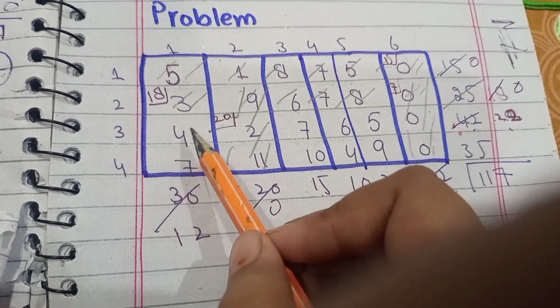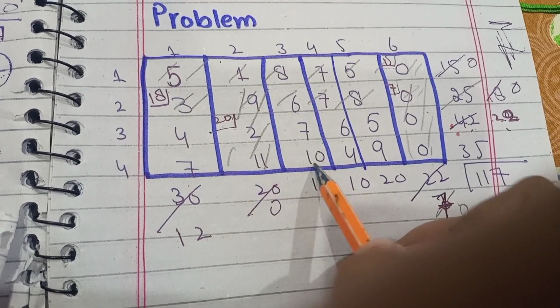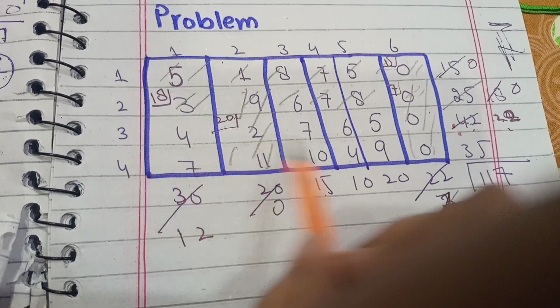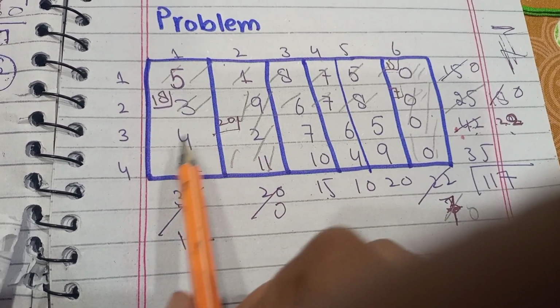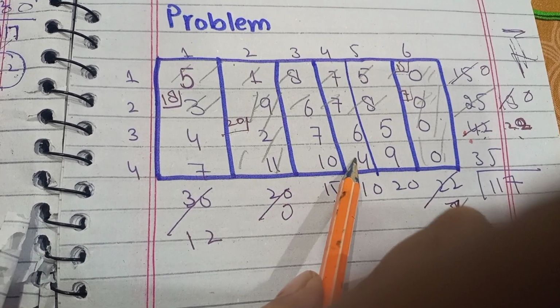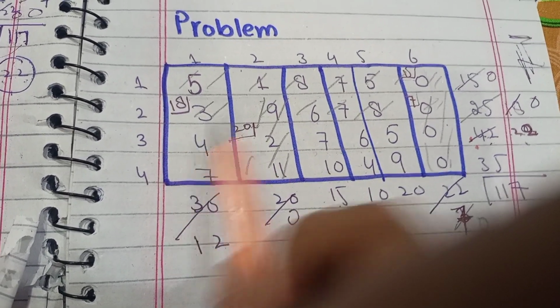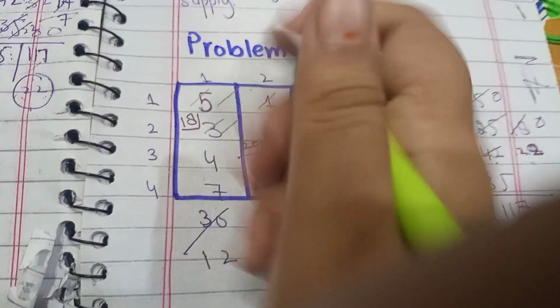Now we will see the next minimum number, among 4, 7, 7, 10, 6, 4. 4 is the least minimum number. Students, see, 4 is written twice here. We will choose either one at random. I am choosing this one.